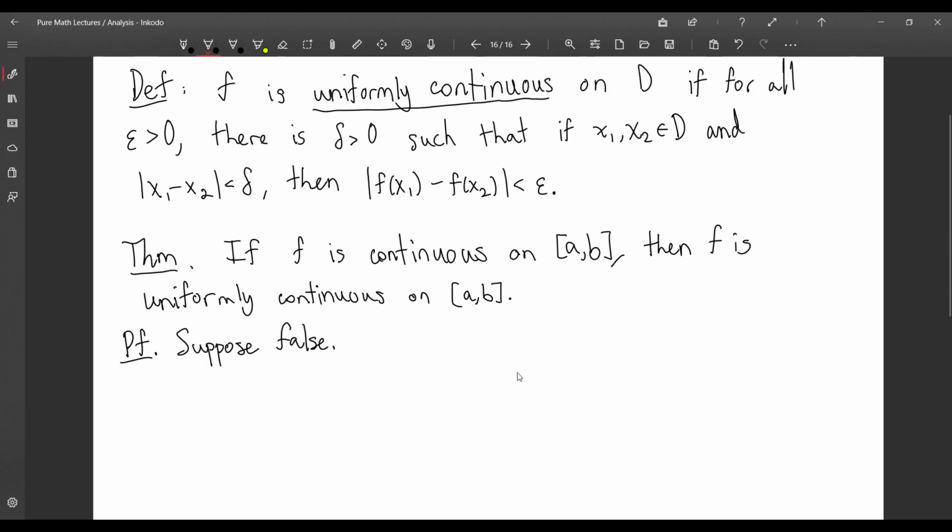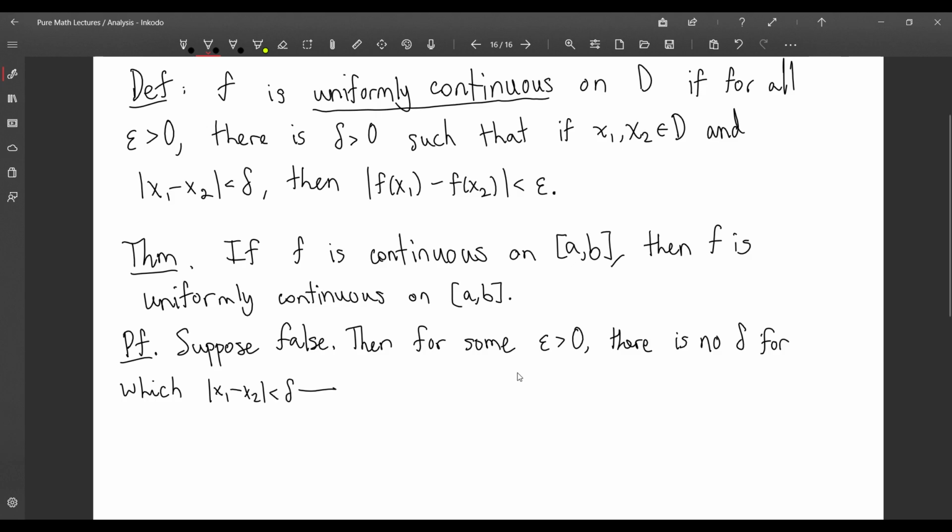Then that means for some epsilon greater than 0, there is no delta for which |x1 - x2| less than delta implies |f(x1) - f(x2)| is less than epsilon, right?